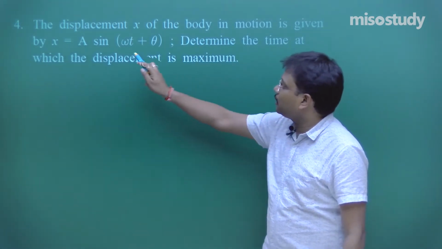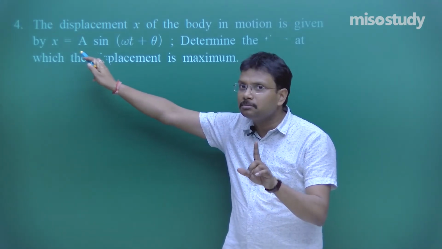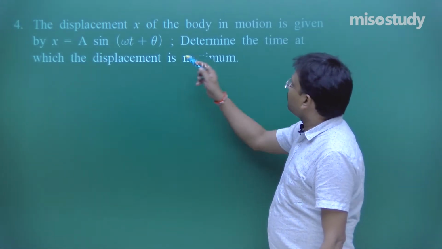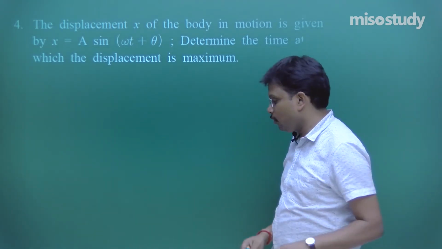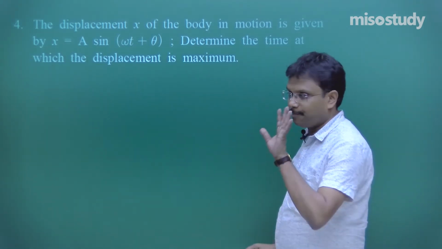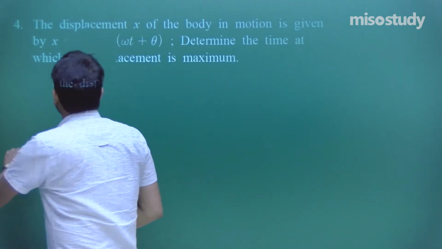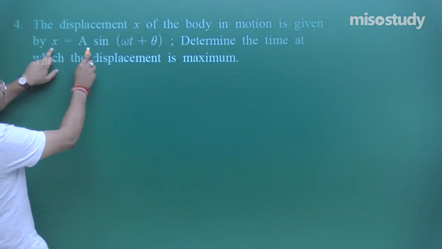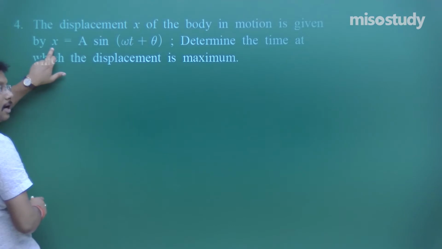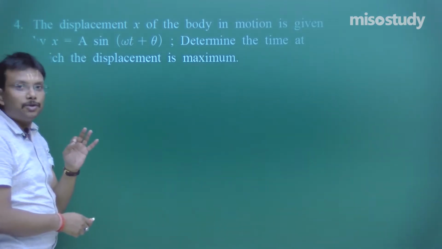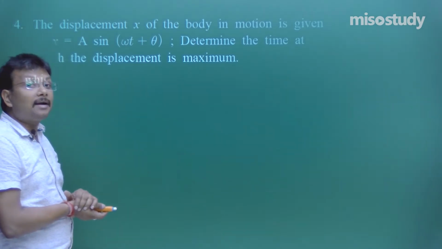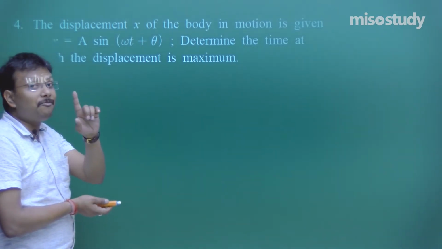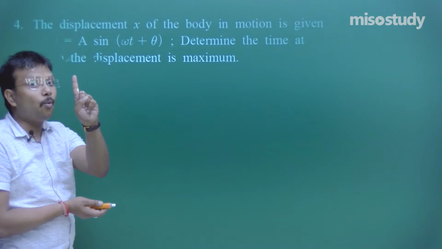The displacement of the body is given by this simple equation. Determine the time at which the displacement is maximum. What are you ultimately supposed to do? Just take a look at this equation: x = a sin(omega t + theta). Repeatedly I taught you, what exactly is the condition for the maximum value of a sine or cos function? It is 1.